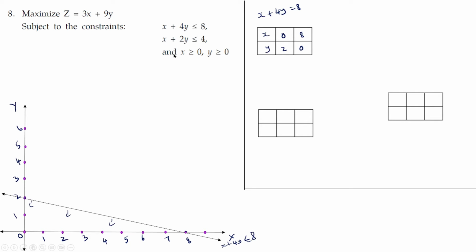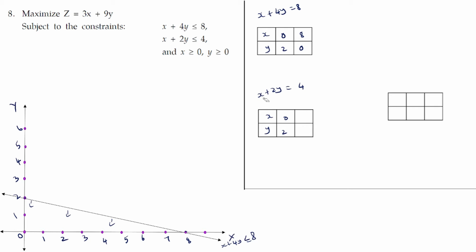And then we have the next inequality, x plus 2y less than or equal to 4. To find the region corresponding to this inequality, we need to draw the line x plus 2y equal to 4. Again, we need any 2 points of this line. So when we take x as 0, we get 2y equal to 4. So y will be 2.